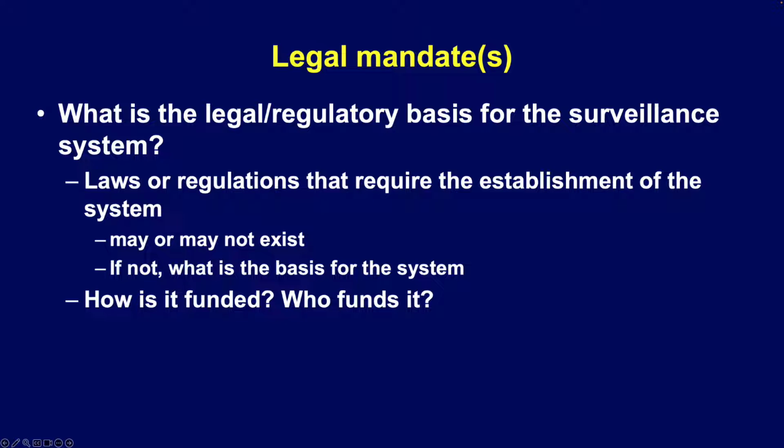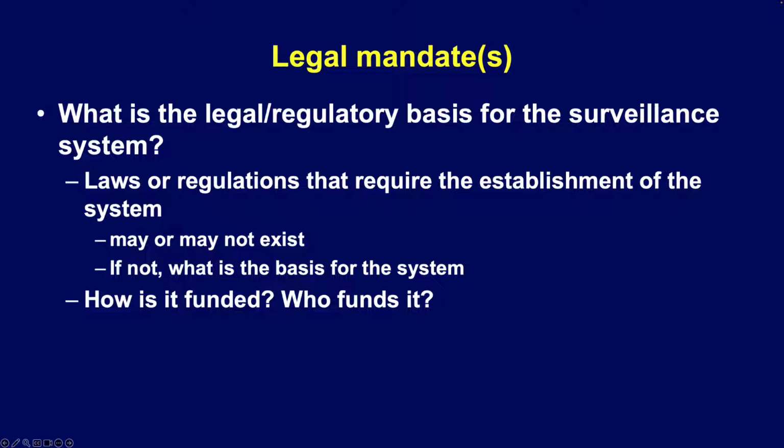Many public health systems, at least those for notifiable conditions, have a legal mandate and related regulations that serve as a basis for authorizing health departments to conduct surveillance for that condition. So as part of your description of the surveillance system in an evaluation, it's important to revisit the legal mandate. What is the legal or regulatory basis for the surveillance system?